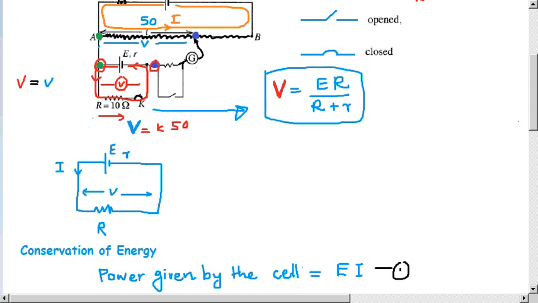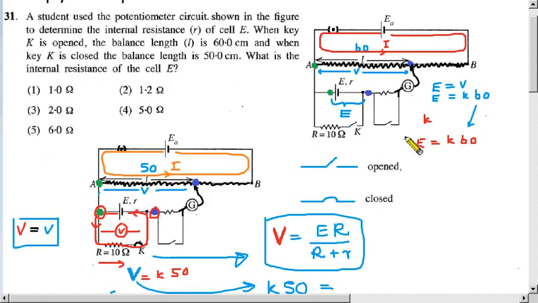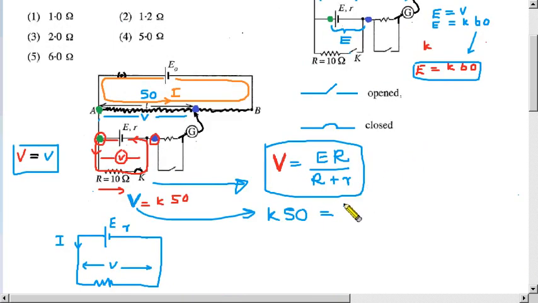Instead of the red color V, we can now substitute K times 50, because this blue color V and the red V are equal. 50 equals E means this one also, that we can substitute K times 60. Then the resistor value is 10 plus small r. So this way we can simplify, and we received r equals 2.